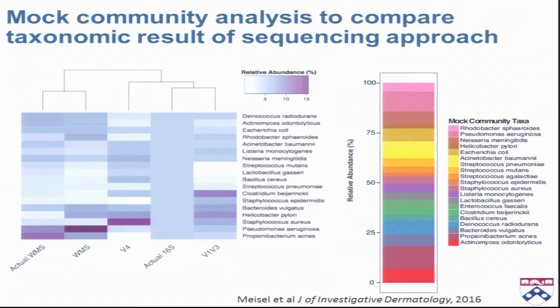So looking at this heat map, you have what your actual 16S is supposed to be, that's your mock community, and what your actual whole metagenome shotgun profile is supposed to look like, and that should reflect this here, and the 16S would be even. And what we found, generally the most striking thing was that sequencing of this V4 region completely missed the Propionibacterium acnes, which you heard me mention several times when talking about the healthy skin.